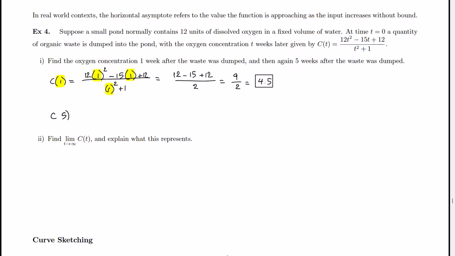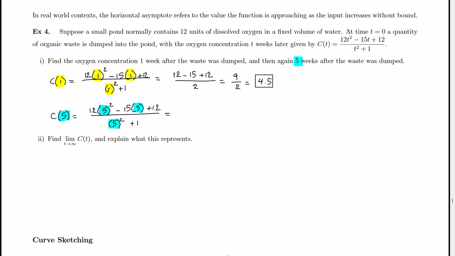Similarly, for 5, I'm just going to plug in 5 everywhere I see t. So it's going to be 12 times 5 squared minus 15 times 5 plus 12, all divided by 5 squared plus 1. In this instance, I'm plugging 5 into all the places where I see t in the function.